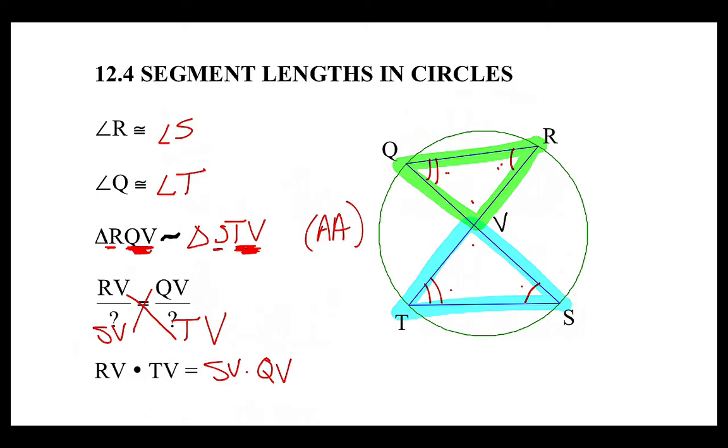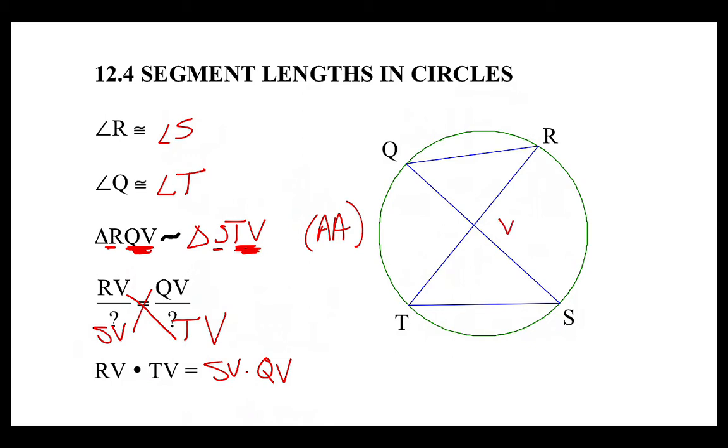Now let's go back and erase all the stuff on the circle. We used the angles to figure out that these were similar, and that similarity idea ended up giving me that two segments multiplied together should equal two segments of this other circle. So let's look at that.